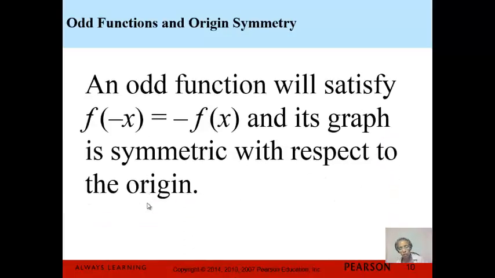An odd function will satisfy f of -x equals -f of x, and its graph is symmetric with respect to the origin. So whatever is in quadrant 1 on an odd function, the mirror image of that will be in quadrant 3. Whatever is in quadrant 2 with an odd function, the mirror image of that will be in quadrant 4.